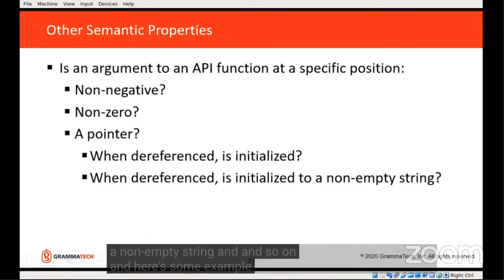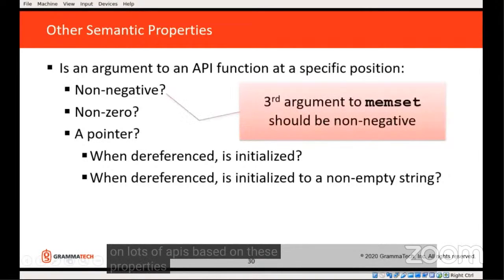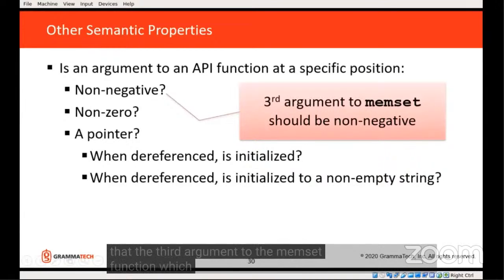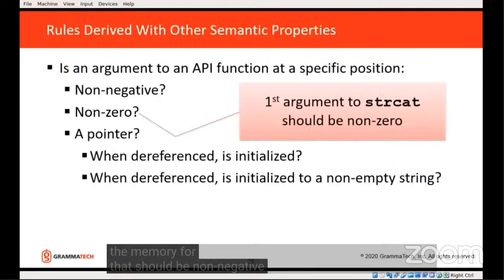And here are some example rules that we can find from data collected over a large corpus on lots of APIs based on these properties. So we're able to infer, as an example, that the third argument to the memset function, which is the length of the buffer that you're trying to set the memory for, should be non-negative.